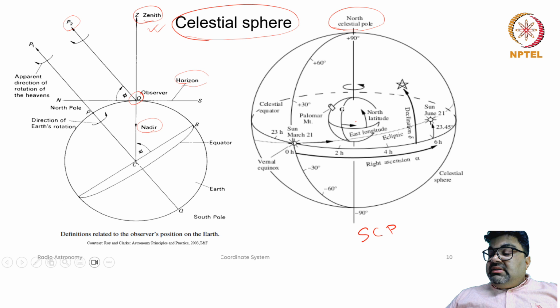Any line joining the northern pole with the southern pole and passing through the zenith is the meridian of the location where the observer is.